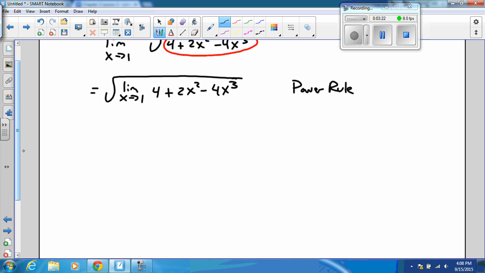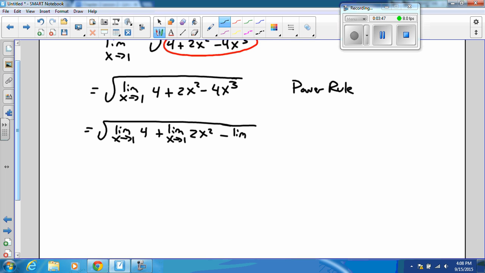Now, I examine this function right here, and I see that it is made up of the sum and difference of 3 different terms. And so I can use the sum rule and the difference rule. It's okay to use both of those rules at the same time. Sum and difference rules in order to rewrite that limit.